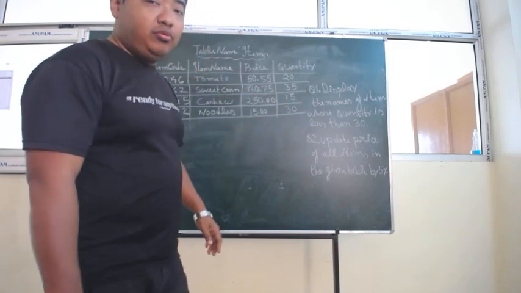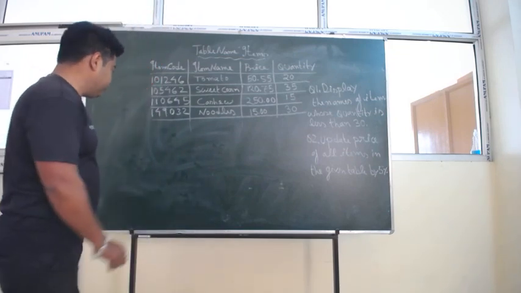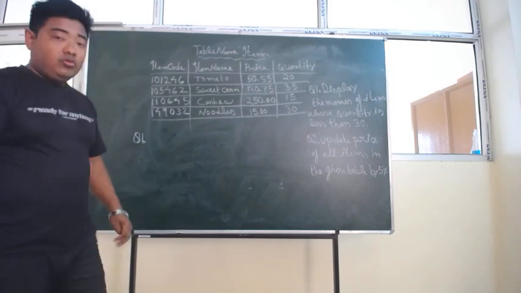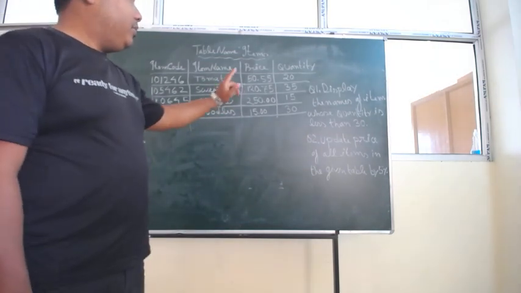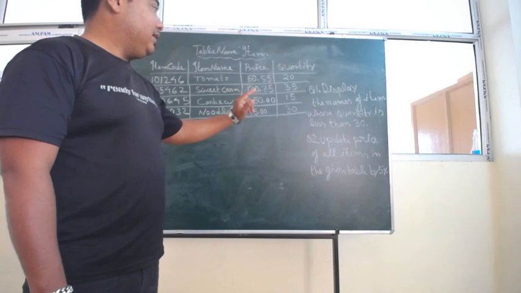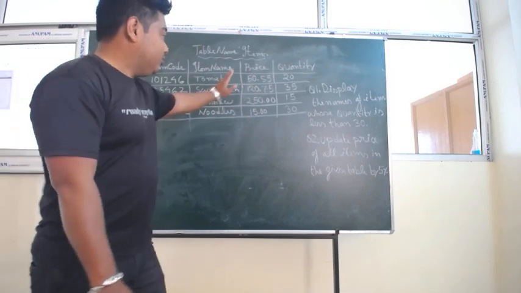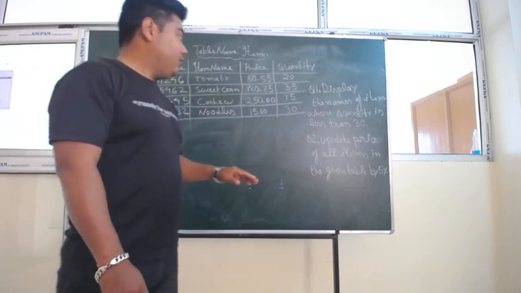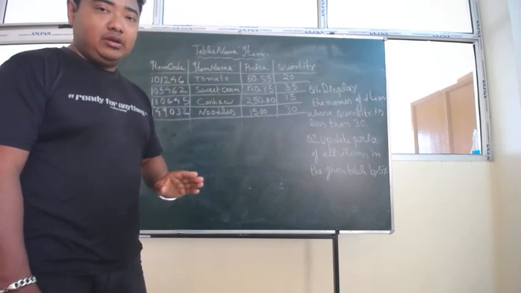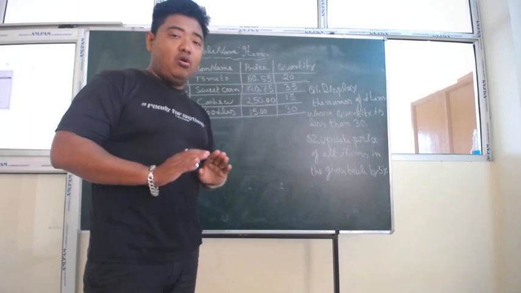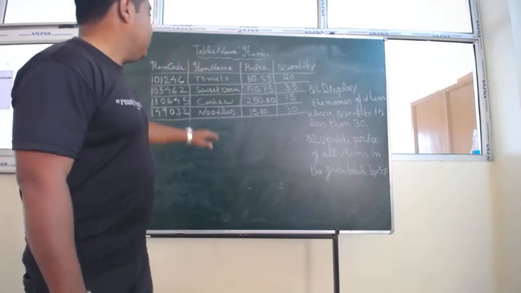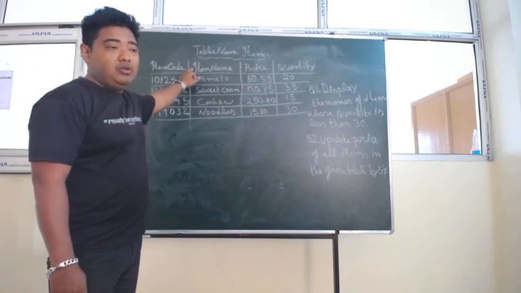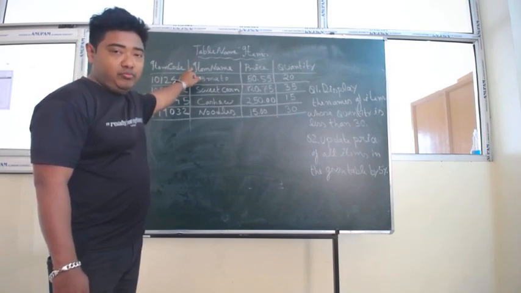So how to do this? The first question we are going to do. Our first question is to display the names of items whose quantity is less than 30. To display the names of the items, only names. It is not asking to display all the records, only names. That means item name, only the name you have to show.